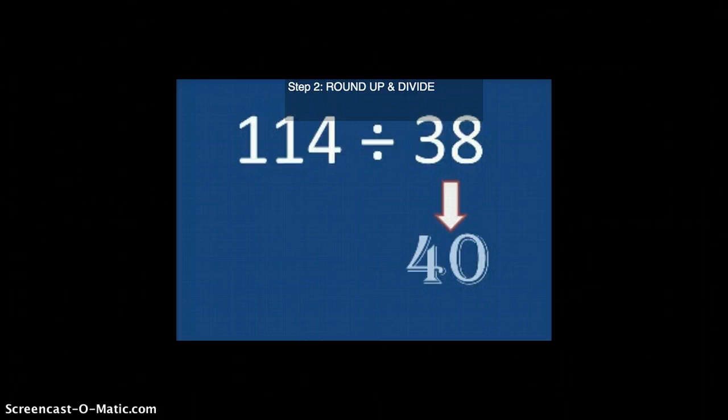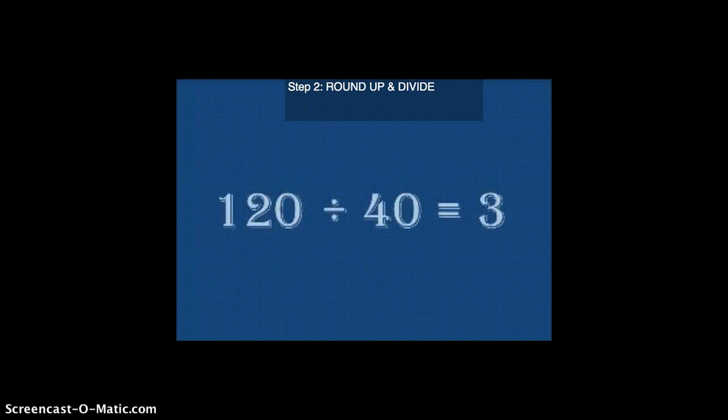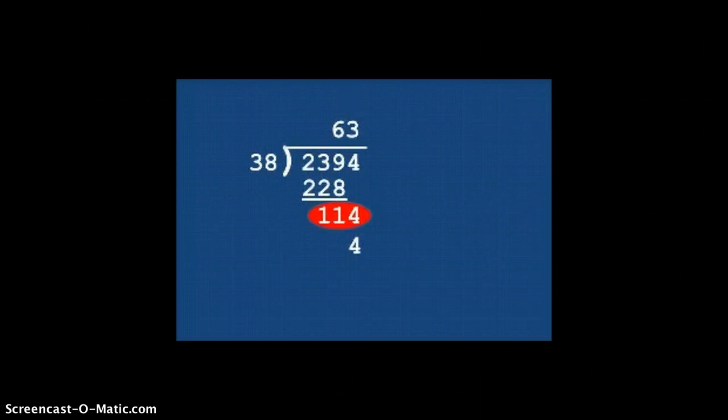And so I'm going to take the 114 and round it up to 120. So now I can say, 120 divided by 40. 12 divided by 4. It's going to look like 3. So I'm going to make my best guess is 3, put that up above my focus, and do the multiplication.